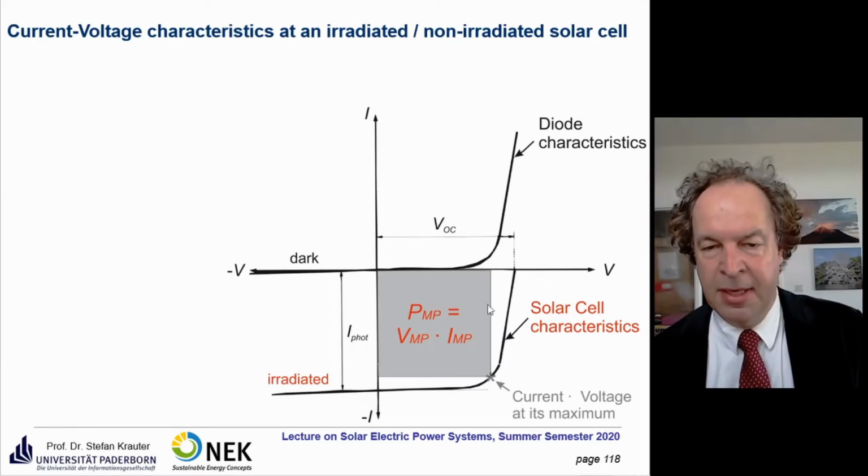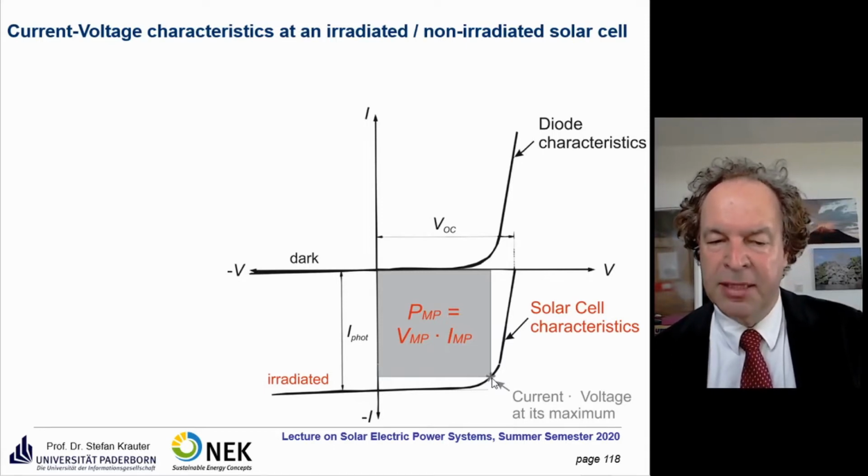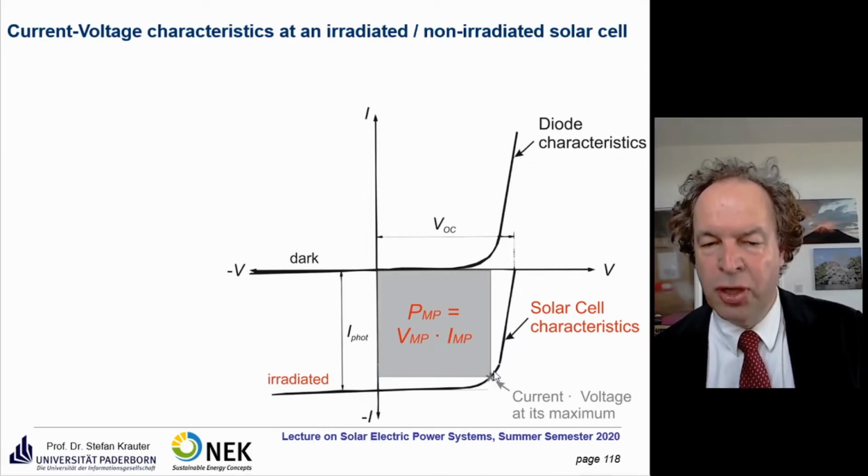You see this curve indicated here with the red text, and at a certain point, if you take the amount of power out of it, you have the maximum of the multiplication of current times voltage, and this is the so-called maximum power point, MP.